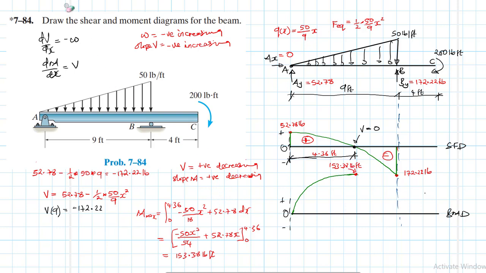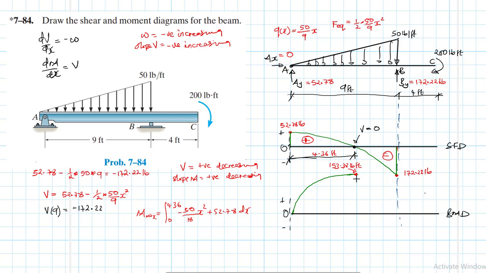That is the moment. So now let me just wrap this. I'll need to use this again. So now we'll need to move to B. For us to move to B, we need to find the moment at B, by finding the moment from A to B, right?